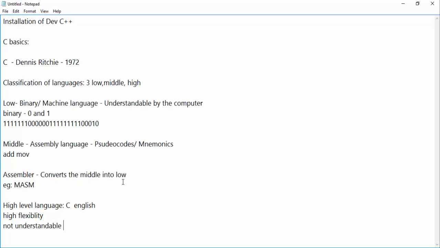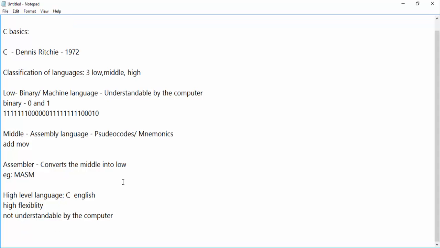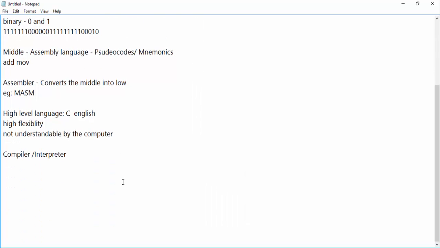So again, a mediator is needed to convert the high-level language into the machine-level language. Here we can take the help of a compiler or interpreter, because both do the same job of converting the high-level language into a low-level or binary-level language.